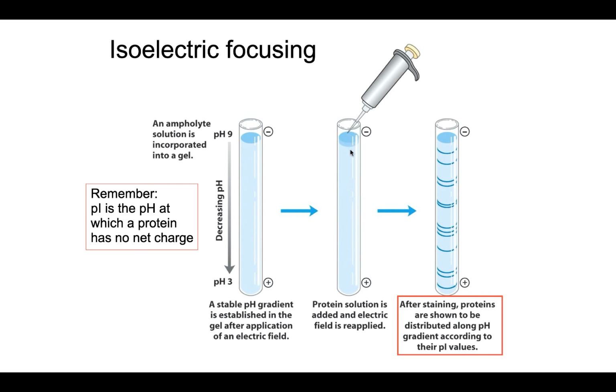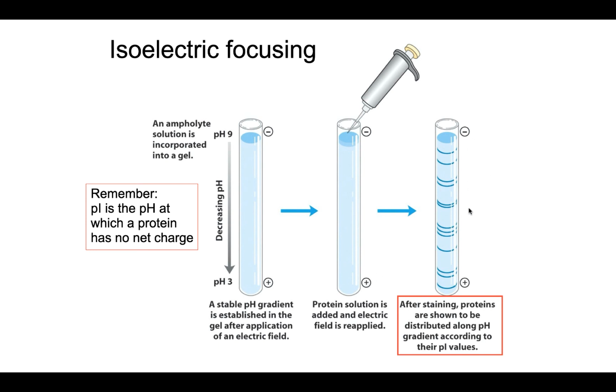And as they're drawn through this gel, remember the pH is decreasing. The protein is going to encounter more and more hydrogen ions, which means it's going to become more and more protonated. What is eventually going to happen? It's going to get to a point at which the pH of the gel is equal to the isoelectric point. The net charge on that protein is 0, which means it will no longer travel towards the positive pole and it will stop.